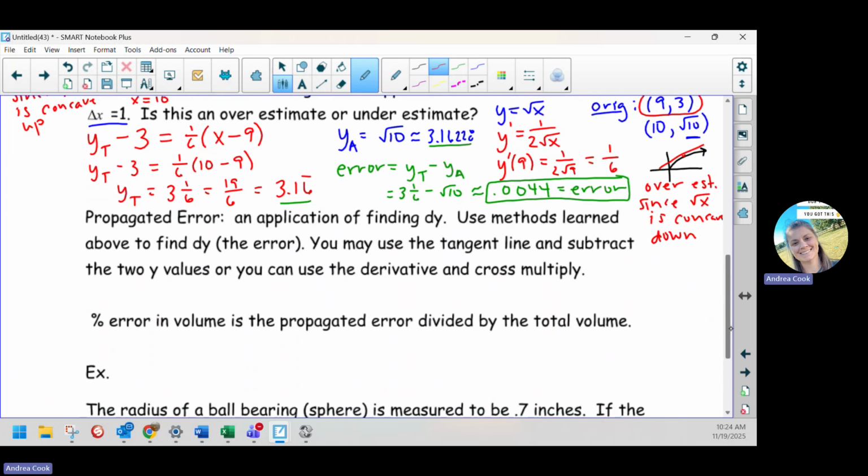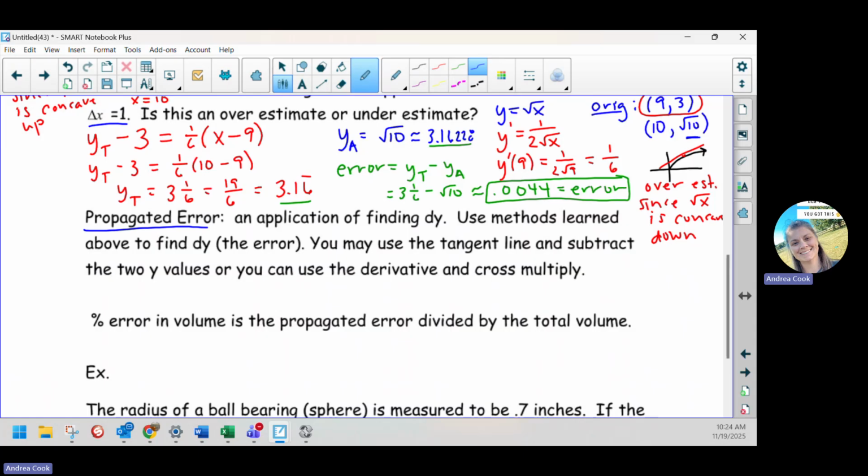All right, propagated error is next. So propagated error is an application of finding dy. Use methods learned to find dy, the error. You may use the tangent line and subtract the two y values, or you can use the derivative and cross multiply.